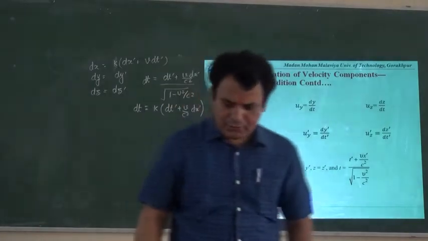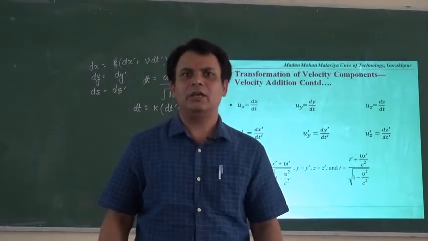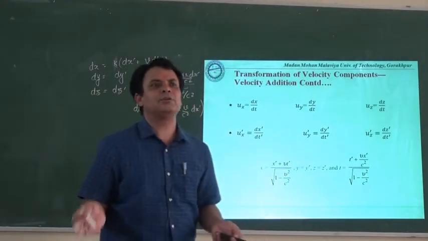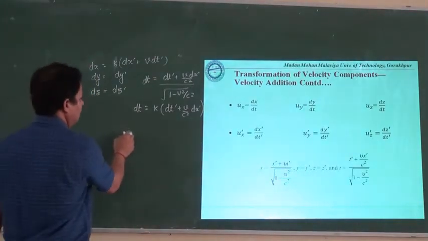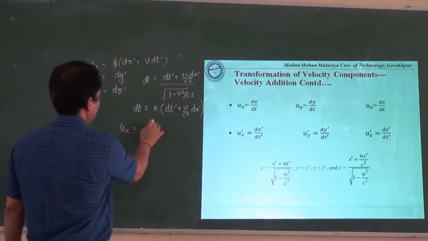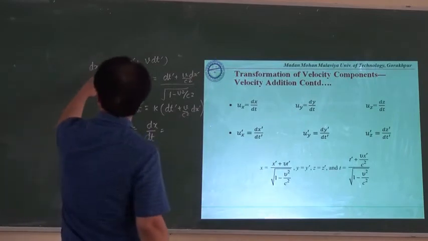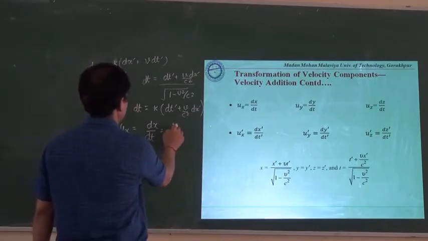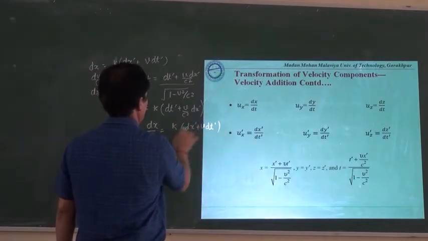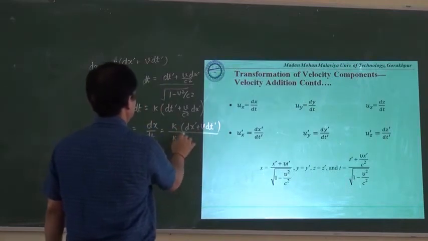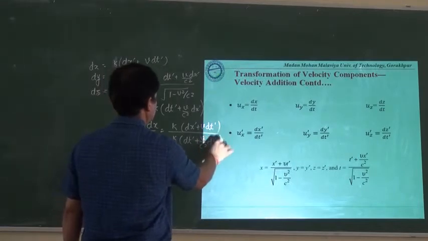Now in order to find the value of the x component of velocity, the x component of velocity means change in the direction of x in a particular time, let that time be dt. So this ux will be equal to dx upon dt, and we know the value of dx here, that is k times dx dash plus v dt dash, and this will be divided by k times dt dash plus v upon c square dx dash.